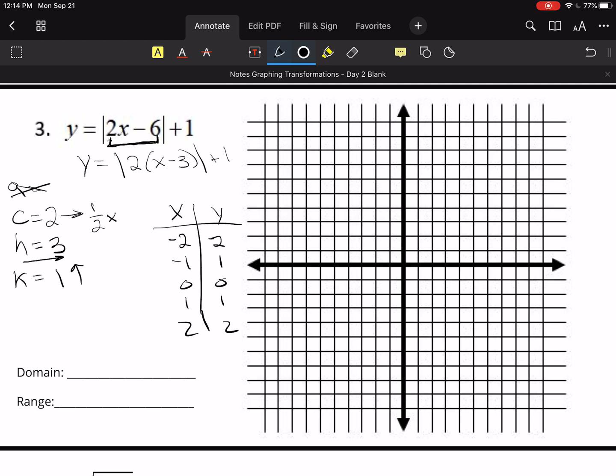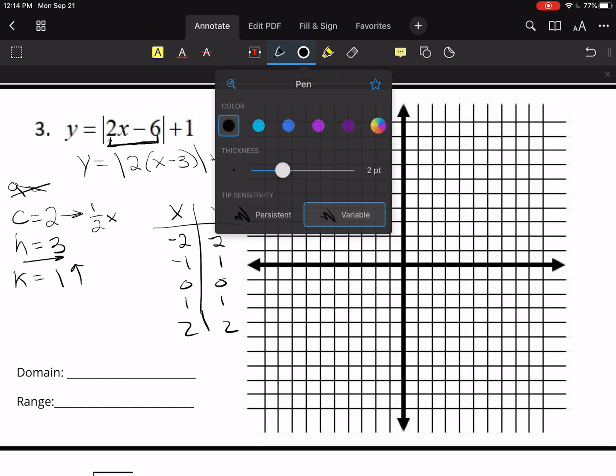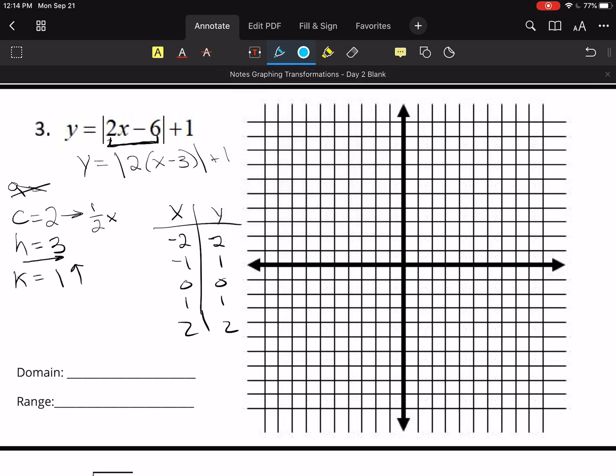All right. So again, first thing I want to take care of is my C value. So I'm going to multiply all my x values by 1/2. So -2 would become -1. -1 would be -1/2. 0 would stay as 0. 1 would be 1/2. And then 2 would be 1.